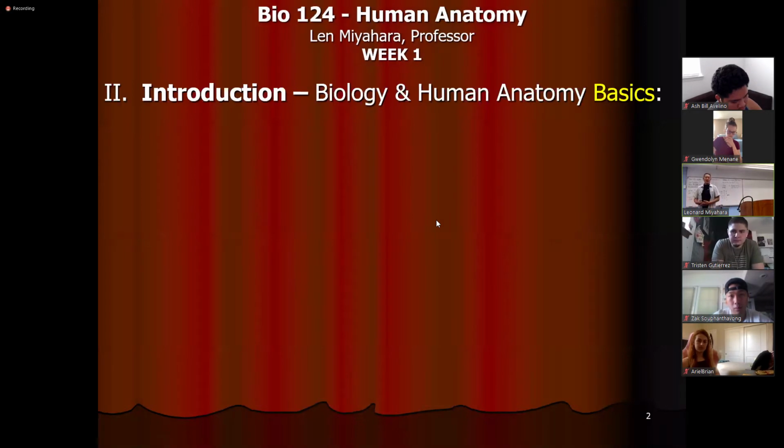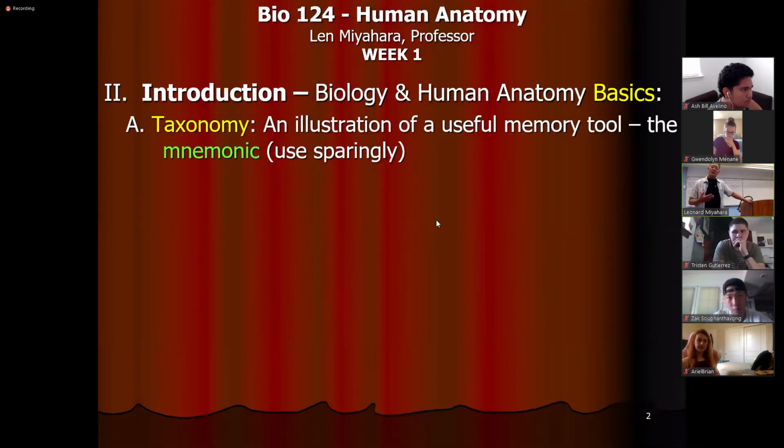Now look at the tops of these slides. It actually has the symbols of an outline, because it is. That's one way to organize the content. So we're just going to talk about some biology basics, since this is a class in the biology department. And since this is about human anatomy, human beings actually belong in the biological world of taxonomy.